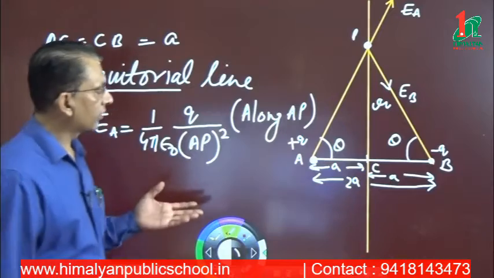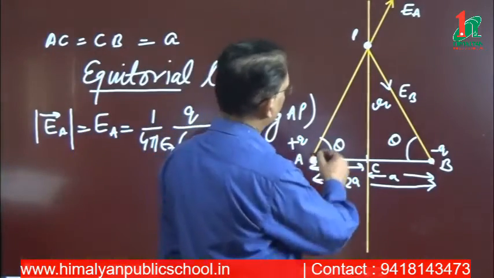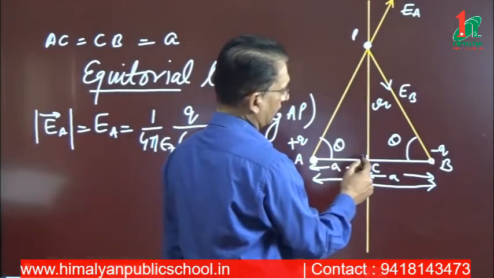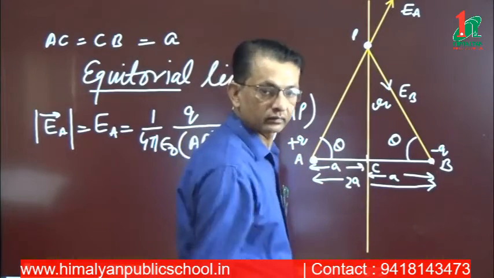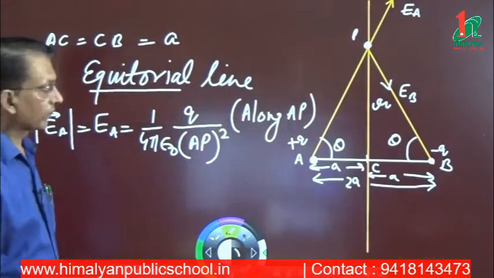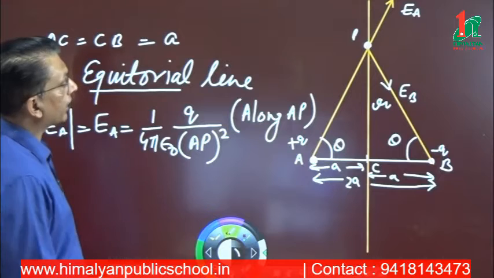So we will use Pythagoras theorem here. This is hypotenuse, this is base, and this is perpendicular. So we have to find out AP.